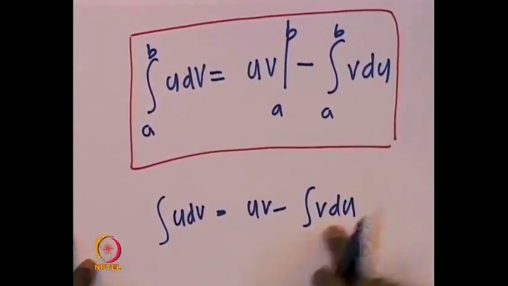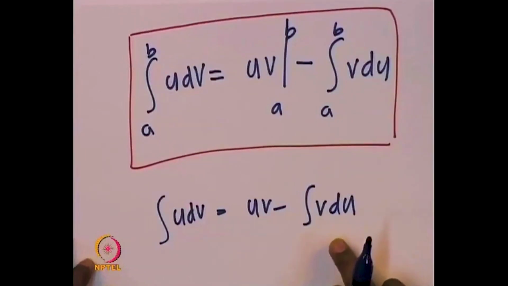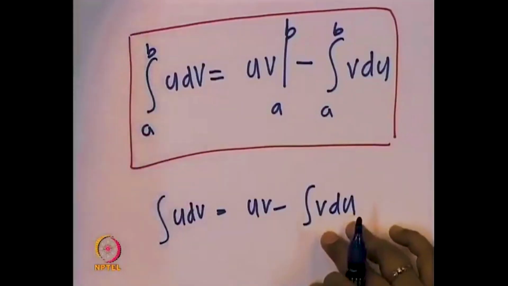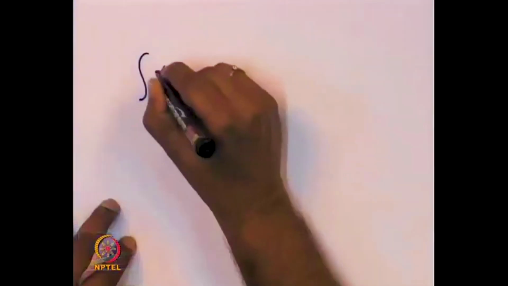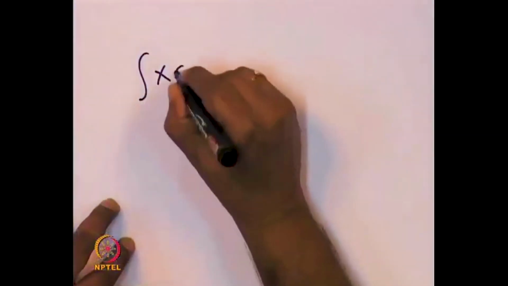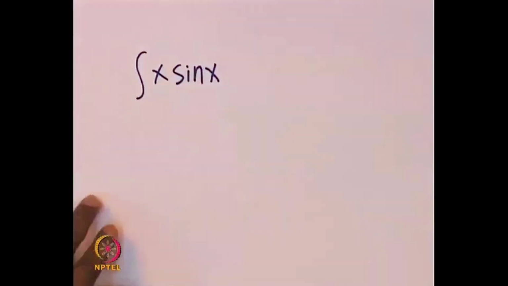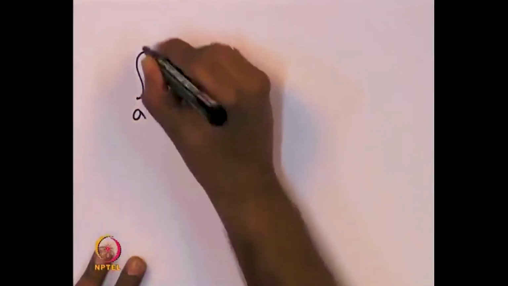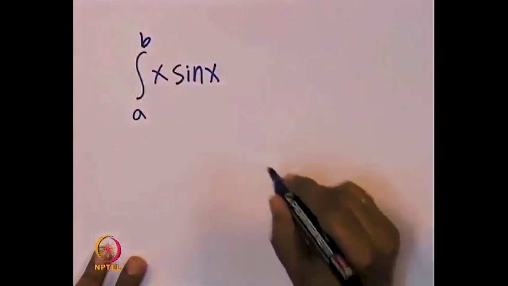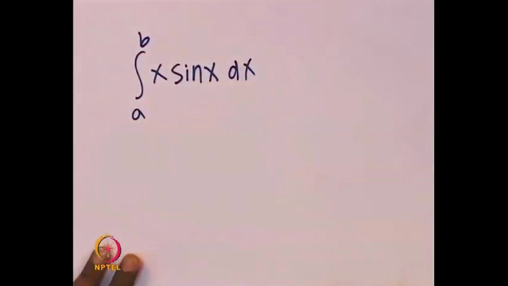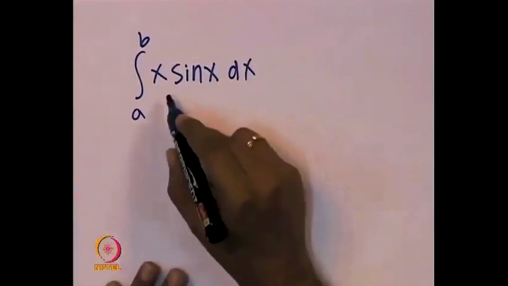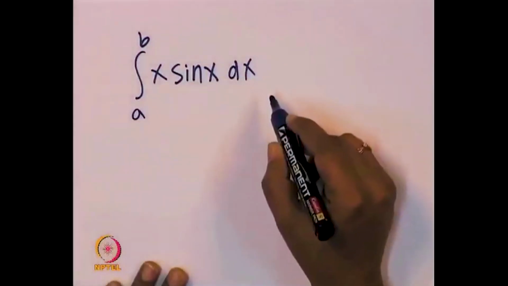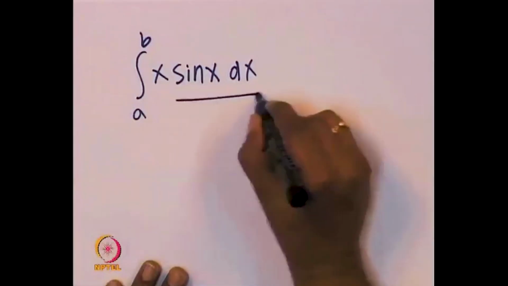Now, let us do an example to be clear here. Integral x sin x dx, let us say in the limit a to b. So, this is what you want to do. What is sin x dx?